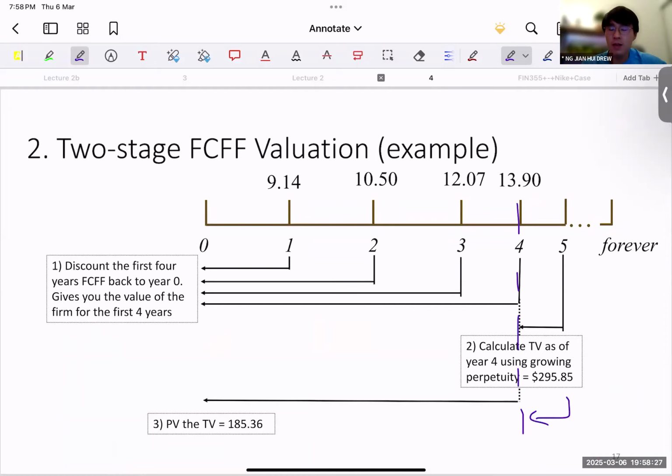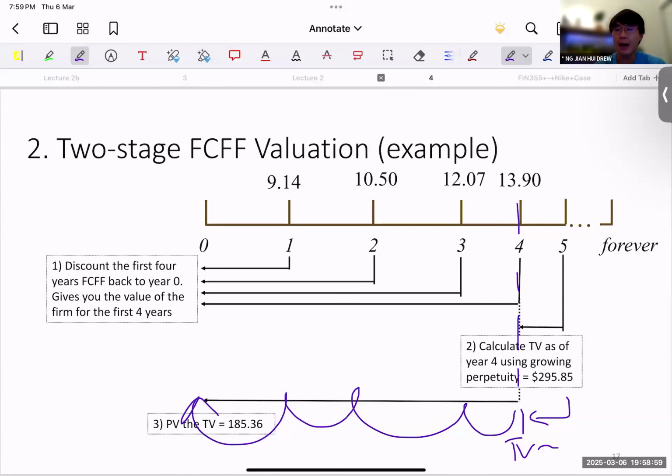But your formula for growing perpetuity is always 1 year from today, your cash flow 1. So when you calculate the terminal value using your growing perpetuity, it is as of year 4, and how many years do we have to discount it back? We have to hop how many times? 1 time, 2 times, 3 times, 4 times. So that's why we discount it by 4 years.